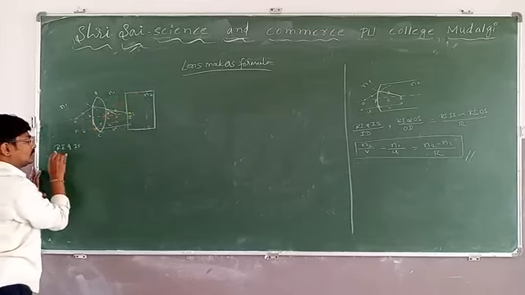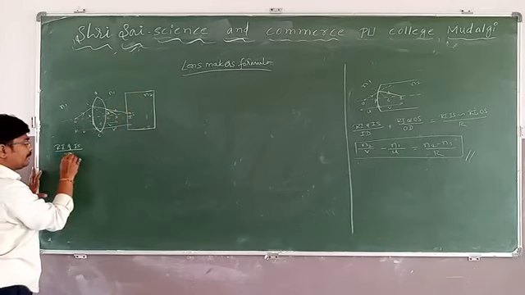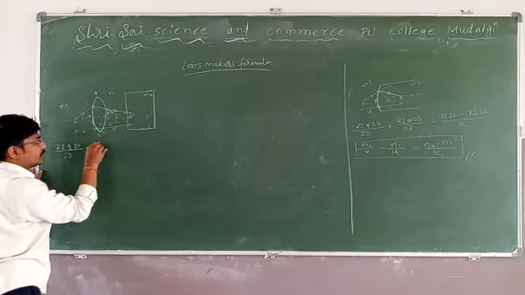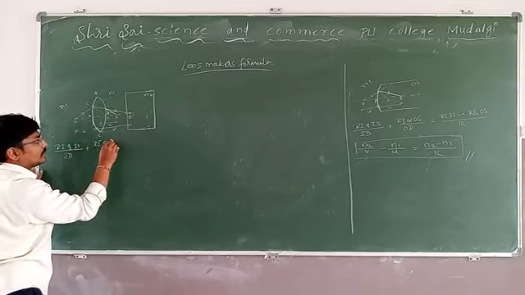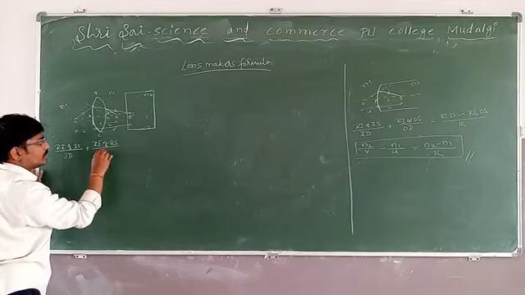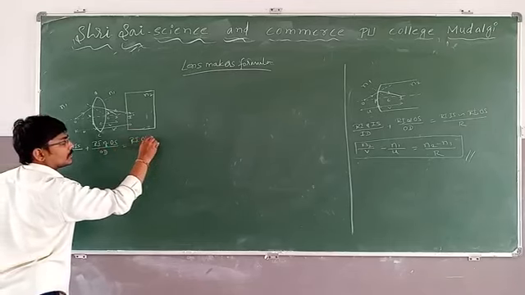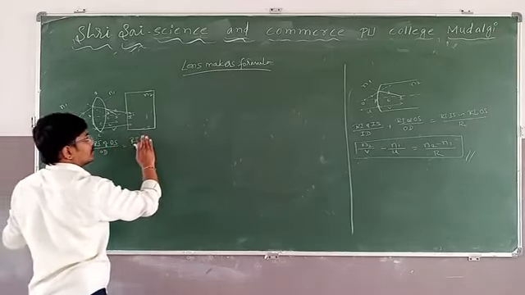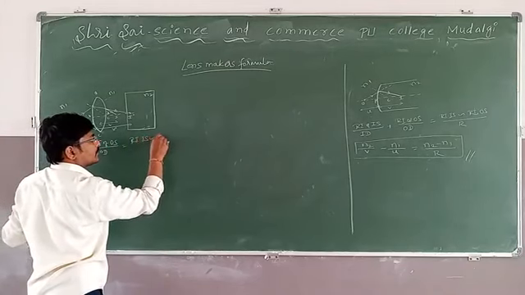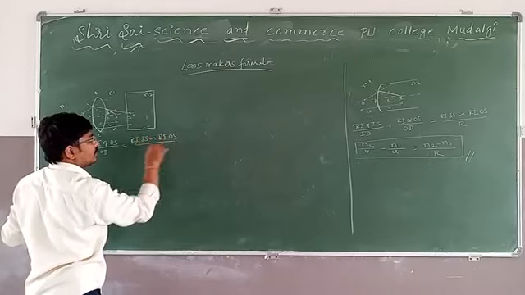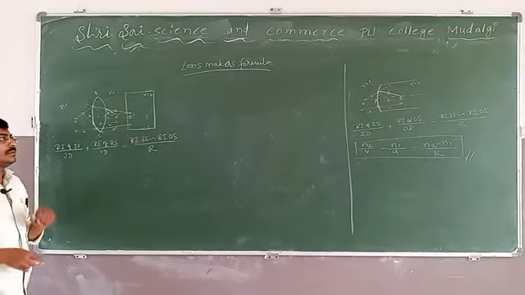Refractive index of image space divided by image distance, plus refractive index of object space divided by object distance, equals difference of refractive indices divided by R. This is the general formula. What I wrote there, the same here.